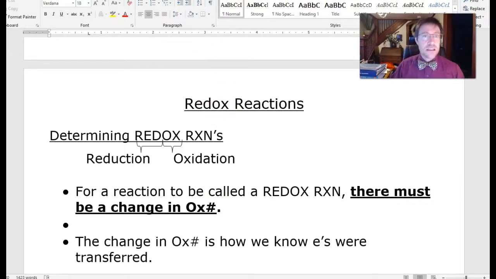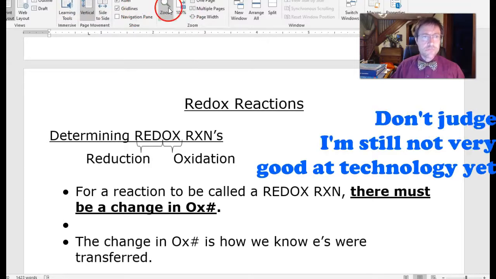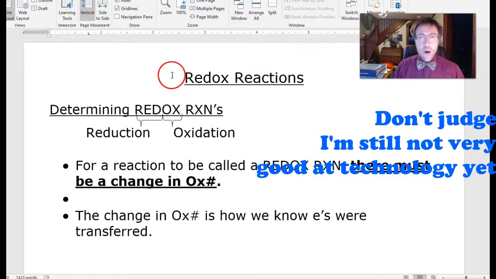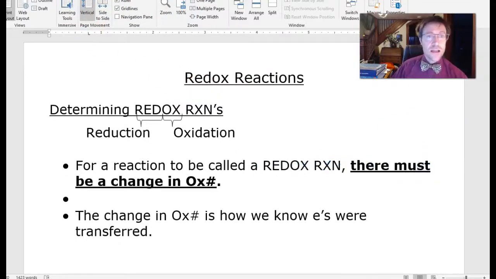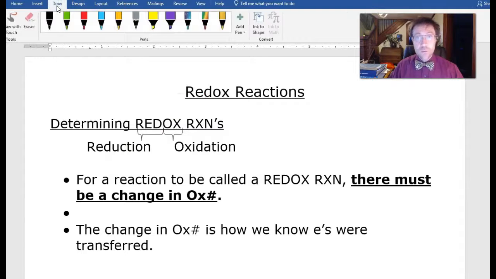I want you to remember that you have to have both oxidation and reduction at the same time. You can't have one without the other.